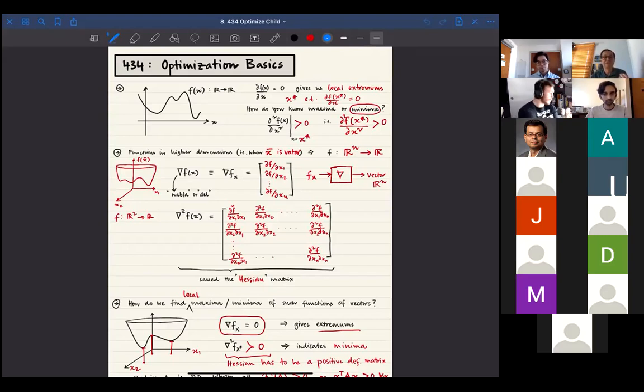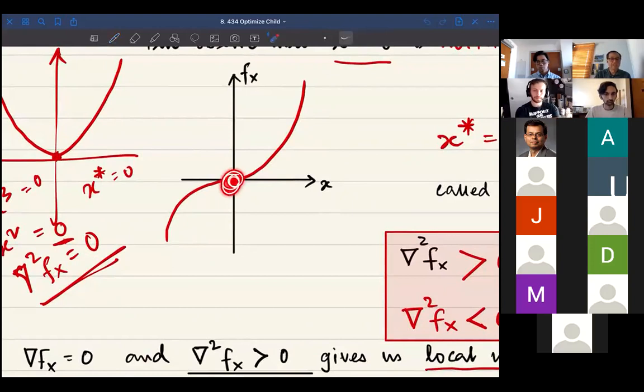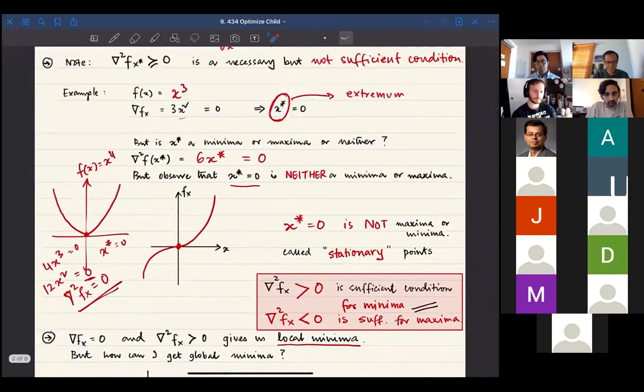That can also give you what are called stationary points, meaning here is a function which has a stationary point. This is not an extremum, this is not a maximum or a minimum. But when you differentiate this function and you equate it to 0, you will get this point as one of the solutions of that equation, ∇f(x) = 0. Right?